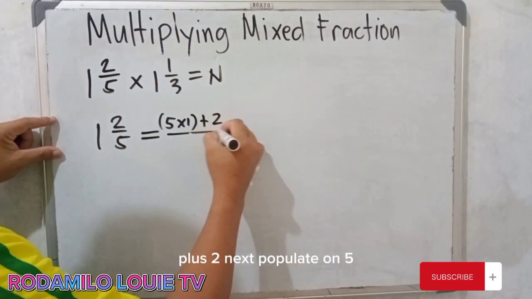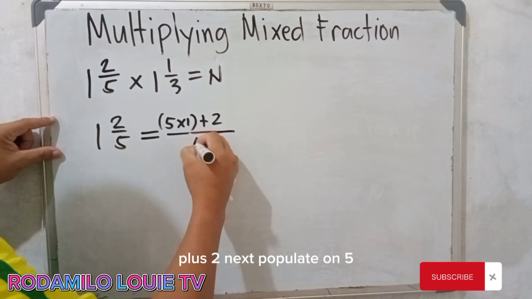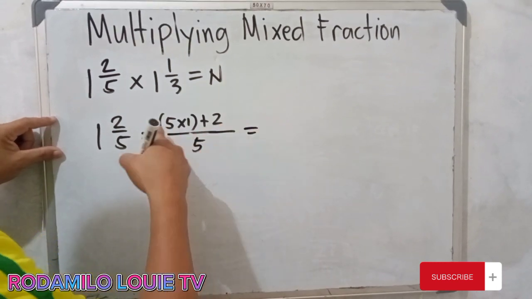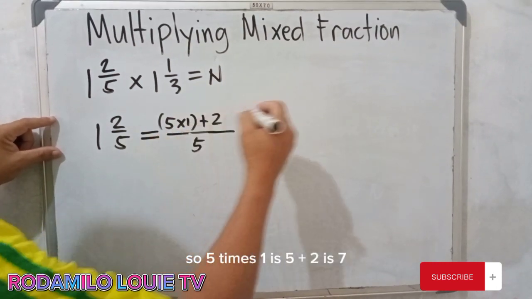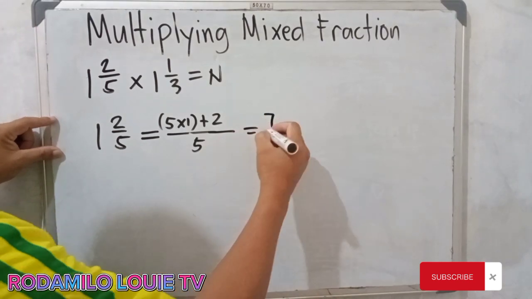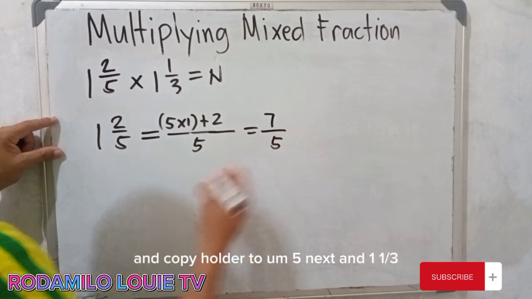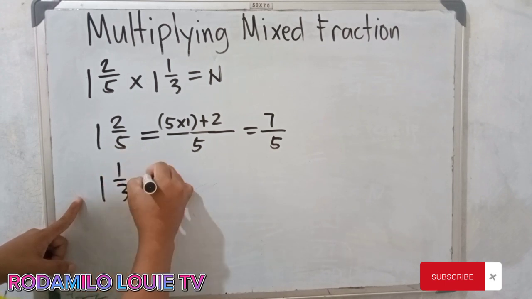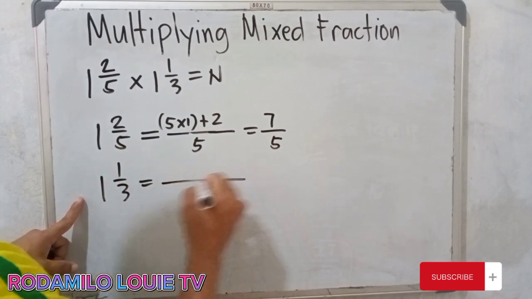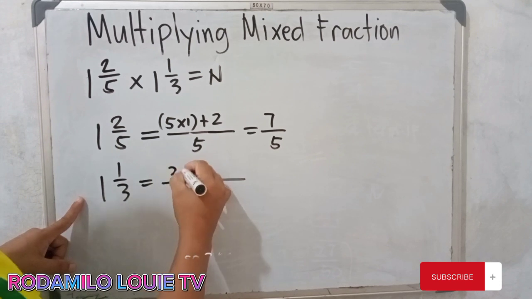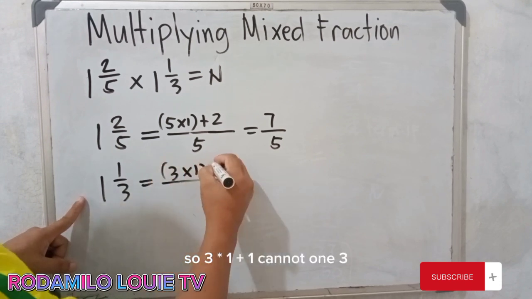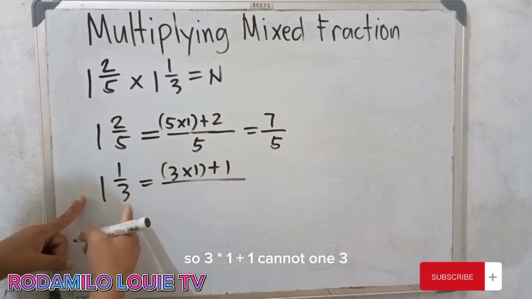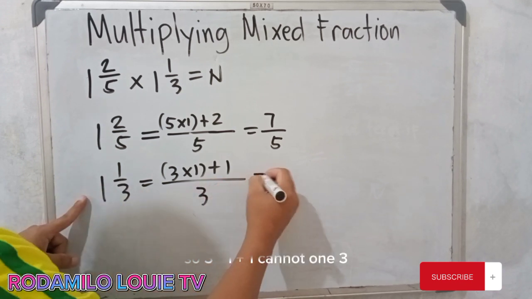Next, copy na to ang 5. So, 5 times 1 is 5 plus 2 is 7. And kopyahon na to ang 5. Next, ang 1 and 1/3. So, 3 times 1 plus 1. Kopyahon na to ang 3.